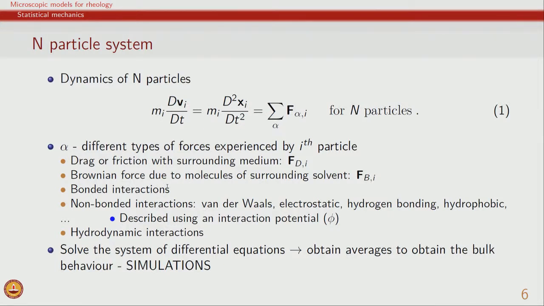When we are looking at polymer molecules, for example, we have several monomers which are covalently bonded together, and so we have a set of interactions between these particles which are bonded interactions.